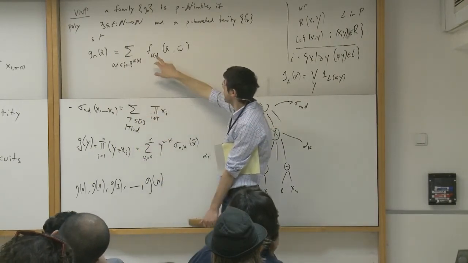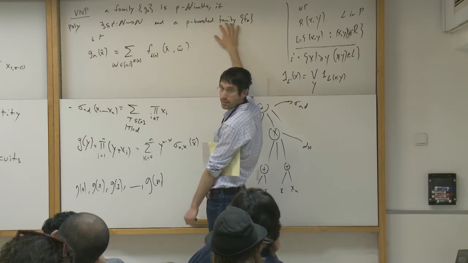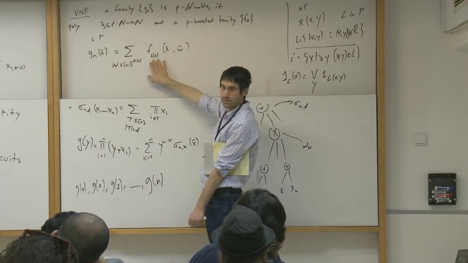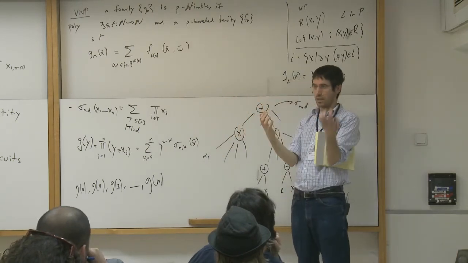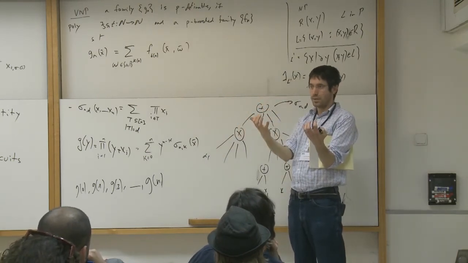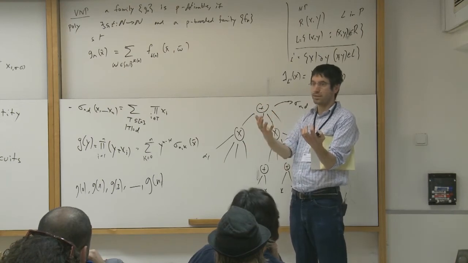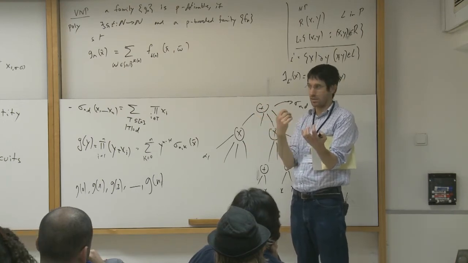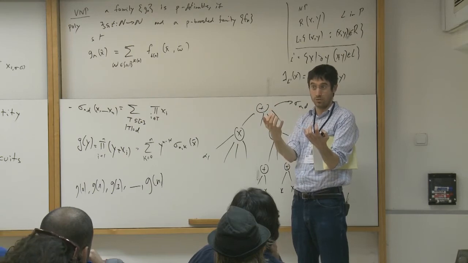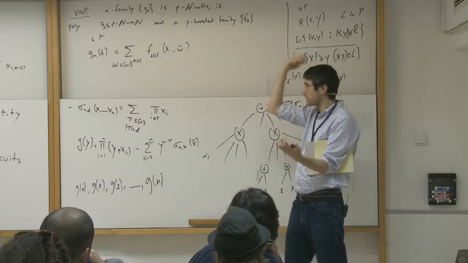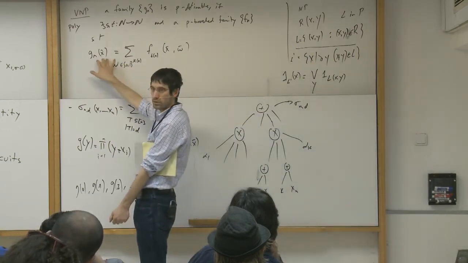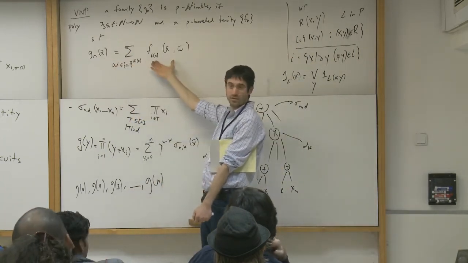So this family is in VP, which means it has a circuit. You have two kinds of input, the X and the Ws, and you evaluate the circuit on all 0, 1 inputs to the witnesses, and take a huge sum at the top. That's the value of Gn at the point X, and clearly it is a polynomial, because every F is a polynomial.